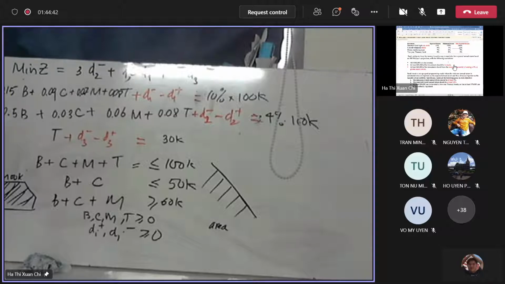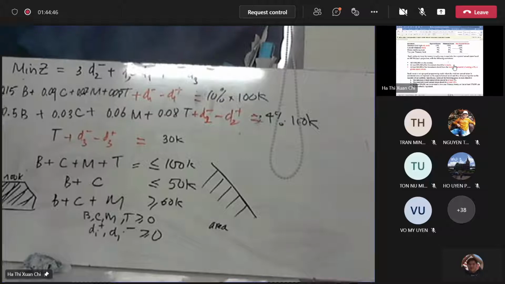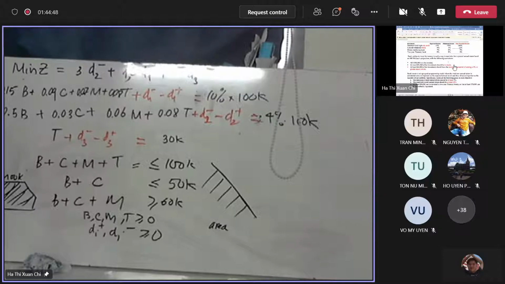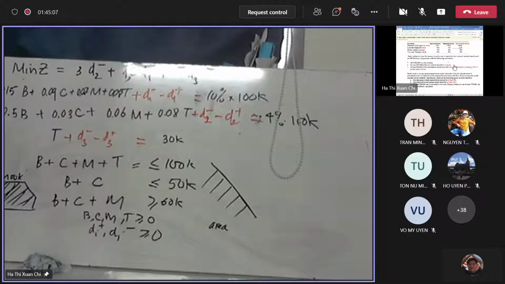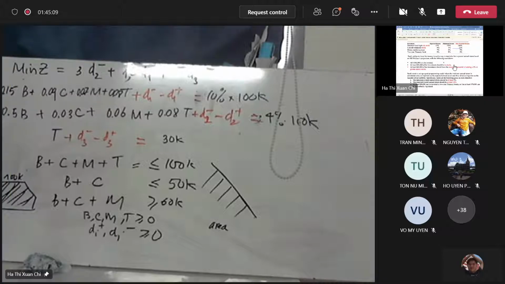So we have it like this. That is the given system, but if you design a new system, you include that point.